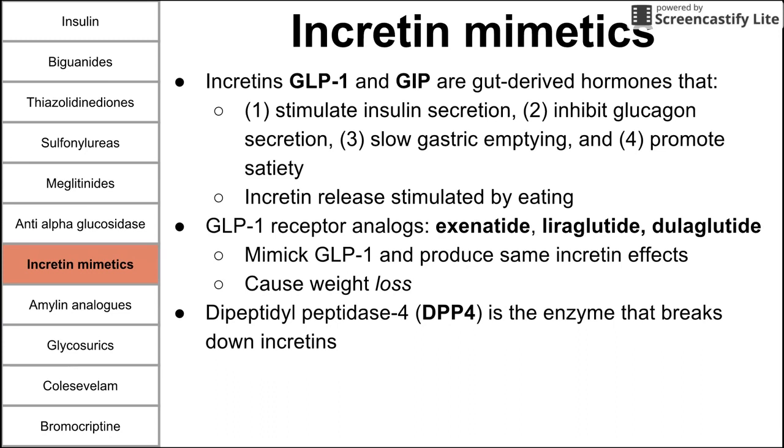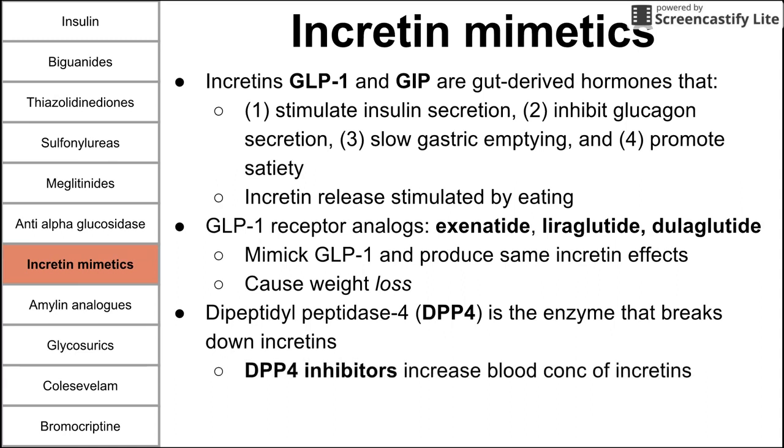Next, we're going to talk about an enzyme called dipeptidyl peptidase 4, which is the enzyme that breaks down these incretins. So you can imagine that if you inhibit DPP4, you're going to have your endogenous incretins around for a longer amount of time. And that's exactly what DPP4 inhibitors do. They increase the blood concentration of your incretins.